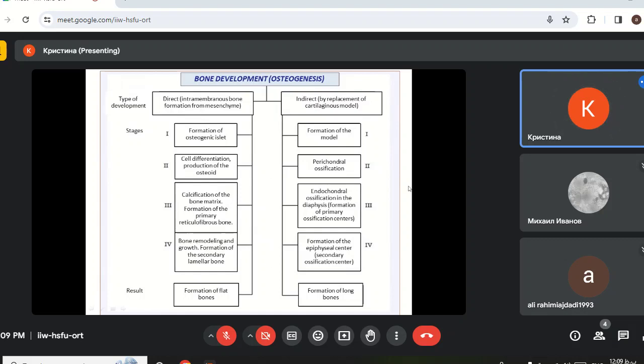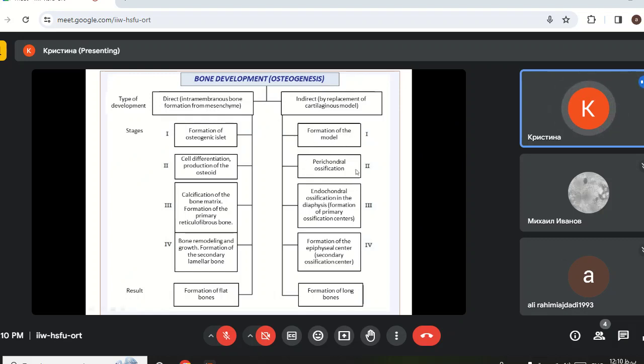In turn, in indirect osteogenesis, the first step is the formation of the model of the bone. It means that mesenchyme gives rise to the cartilage tissue, which forms the shape of the future bone. It looks like a small bone, but it consists not of bone tissue but of cartilage tissue developed from mesenchyme.